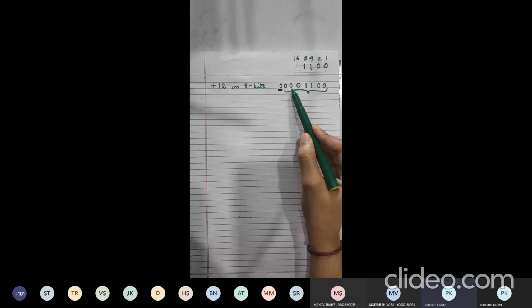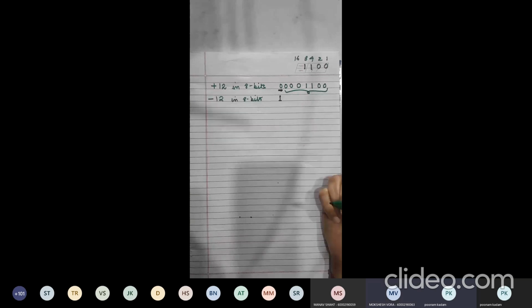Minus 12 using 8 bits. We have to write minus 12 in sign magnitude form using 8 bits. How will you do it? You just replace the MSB bit by 1. When the MSB bit is 1, it indicates a negative number, and the rest of the bits will remain the same.